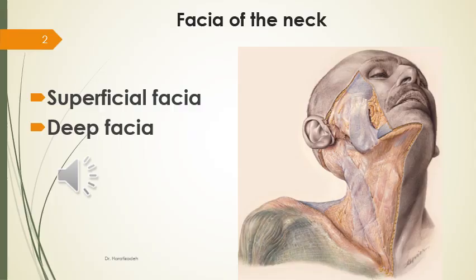First, we remove the skin. Beneath the skin, there is a superficial fascia, and if we go deeper, we reach the deep fascia. So, the first layer we encounter in the neck is the superficial fascia, which contains a number of structures that we will discuss.